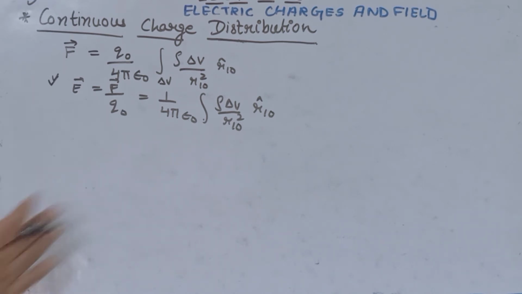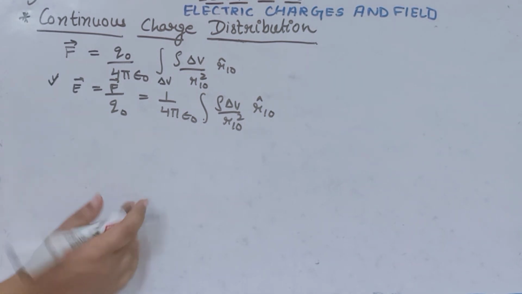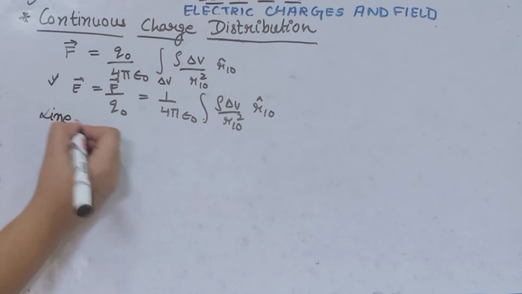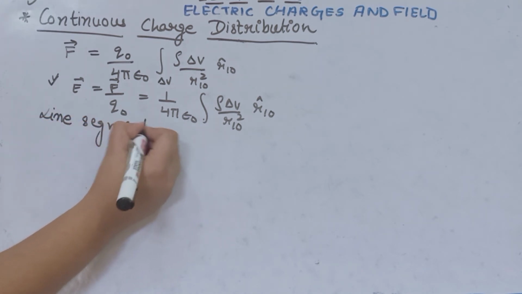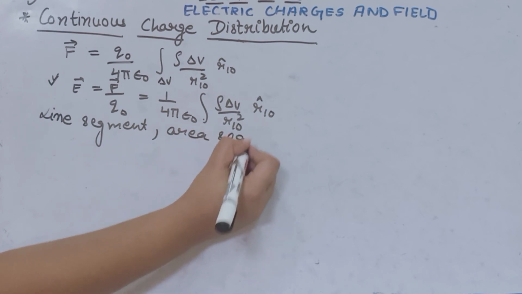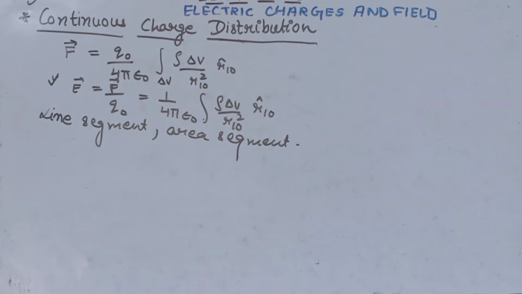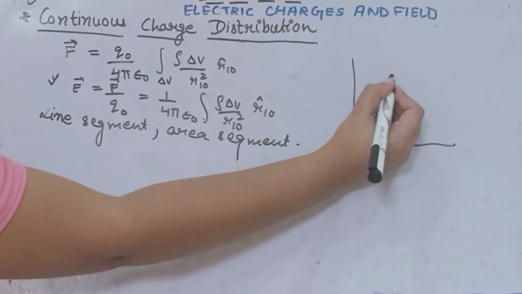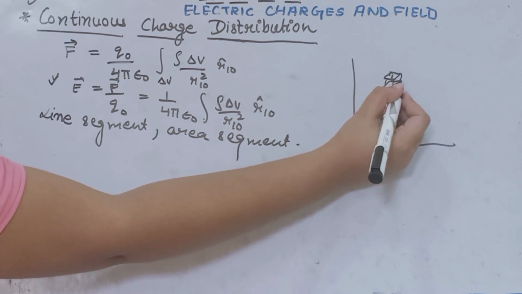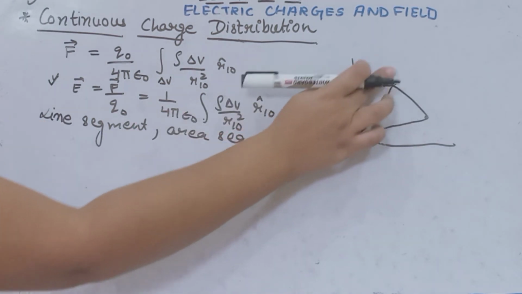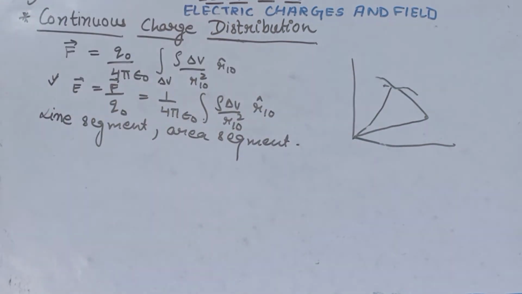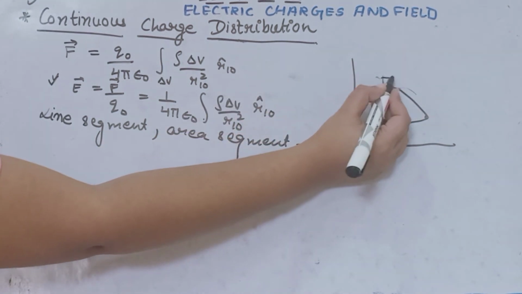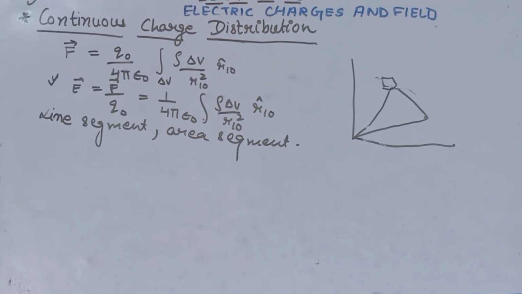Now from this formula only we can write the formula for the cases where we use linear line segment or the area segment. Fine. That is, like here we had a cuboid or a cube, so in case of line segment we'll have some linear region, and for the area segment we'll have say square or triangle or rectangle present there.